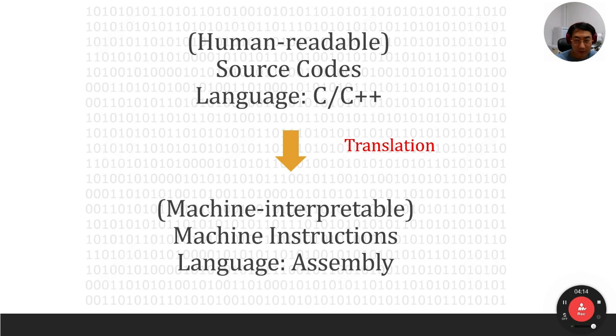This is totally different from the source code language like C and C++. So assembly is generated by an assembler, and that's the last component of the compiler. And this translation process is called compilation. And the compilation is done by a compiler toolchain. This is what we know, right?